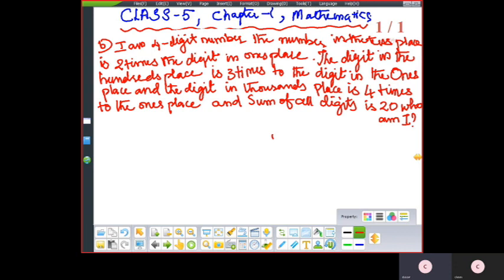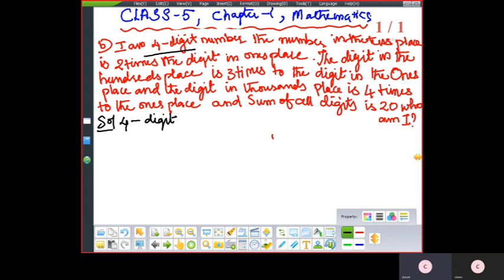So now, seeing the question, understand the question firstly, children. Okay, so I am a 4-digit number. So solution, I am a 4-digit number. So what are the conditions we have here?